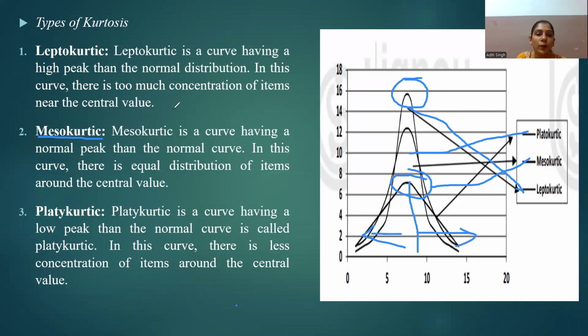Understood? Now platykurtic. Platykurtic is a curve which has a lower peak than the normal curve. In this, there is less concentration of items around the central value. So this is leptokurtic, this is mesokurtic, and this is platykurtic.